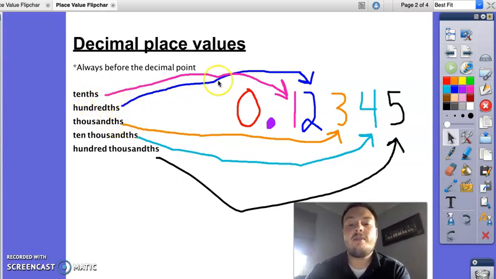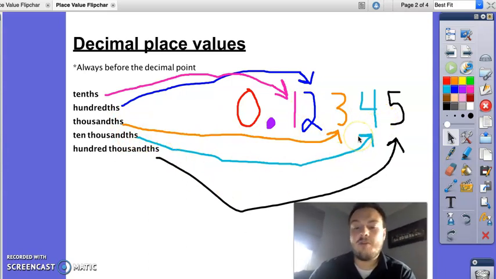So the tenths is the first one, and we can see an arrow drawn over to that. Following the tenths, we have the hundredths, the thousandths, the 10,000ths, and the 100,000ths.